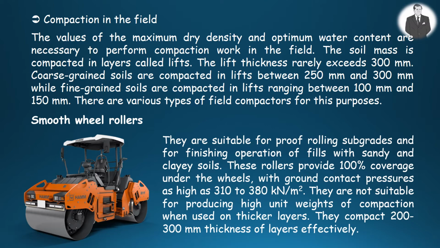These compactors provide 100% coverage under the wheels with contact pressures as high as 310 to 380 kilonewton per square meter. They are not appropriate for producing high unit weights of compaction when used on thicker layers. These equipments can effectively compact 200 or 300 millimeter thickness of layers.